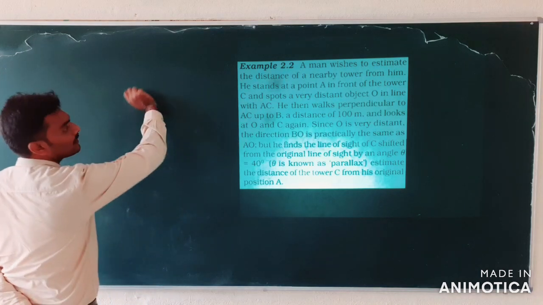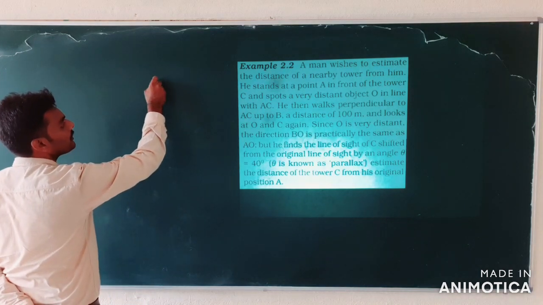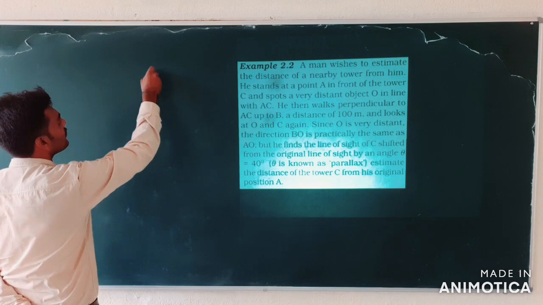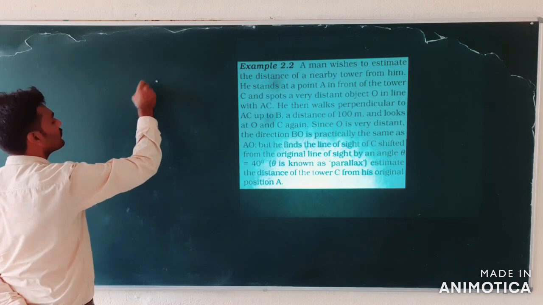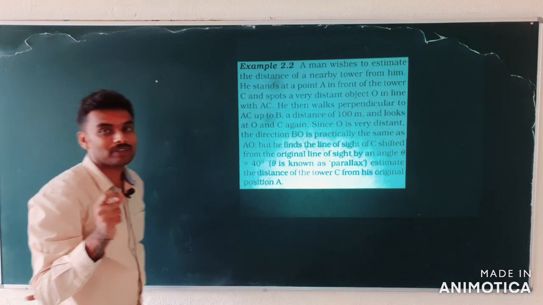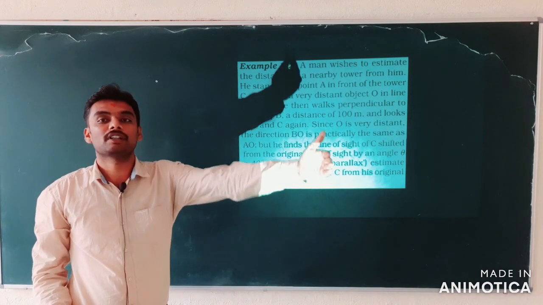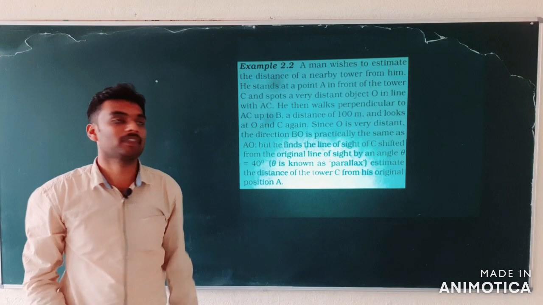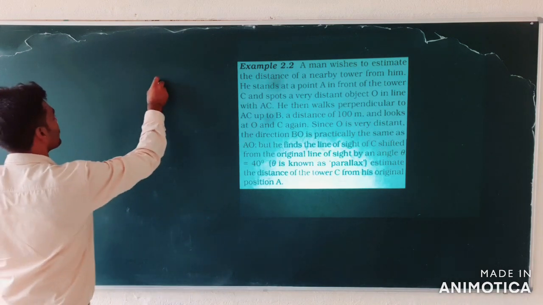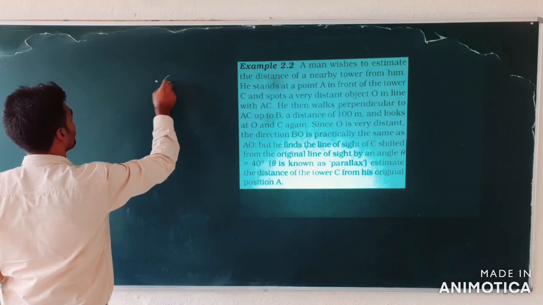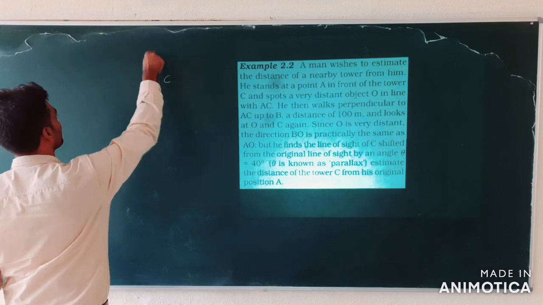So here is the problem where we have a tower C. Now a man wishes to estimate the distance from his position to a tower. Say this is the tower which is at point C, which means the tower has certain height.